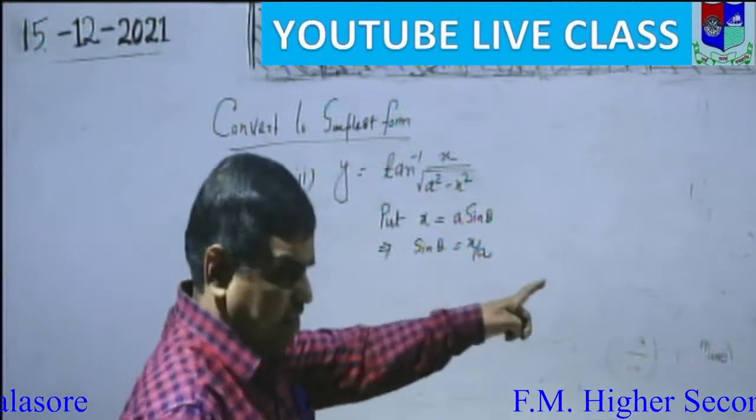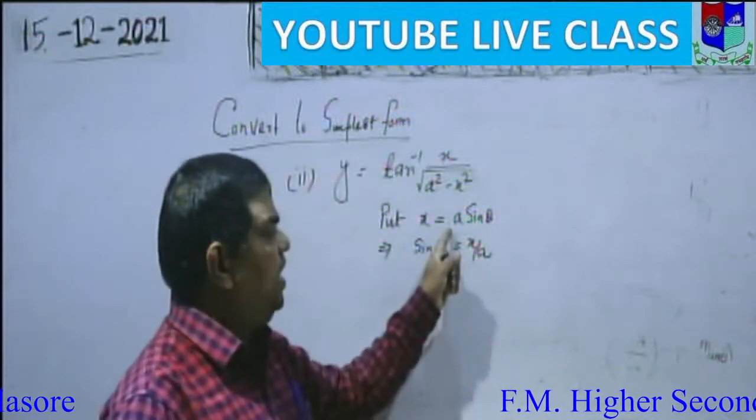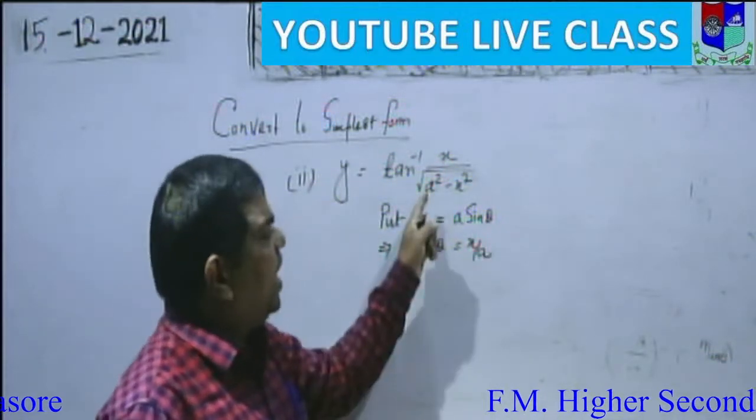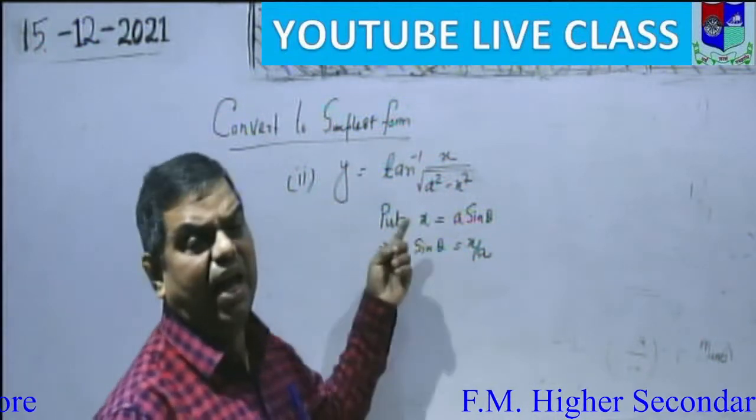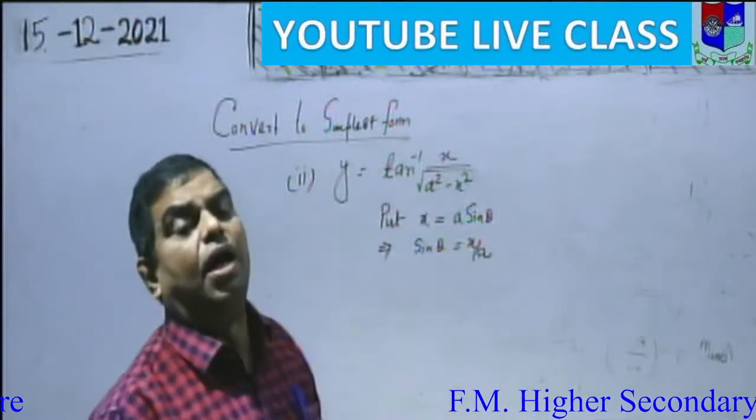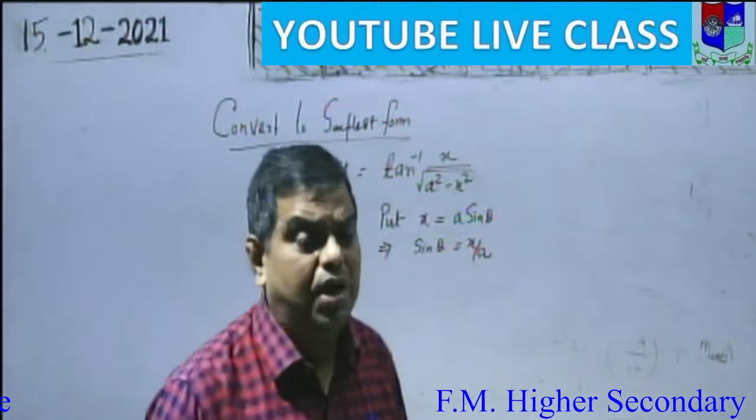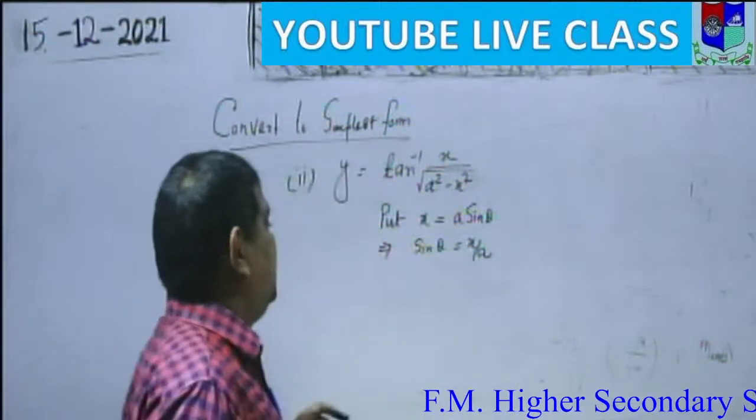Instead of that, I have taken a sin theta, and in a square minus a square sin square theta I can take a square common under the square root. Our suitable substitution is this.